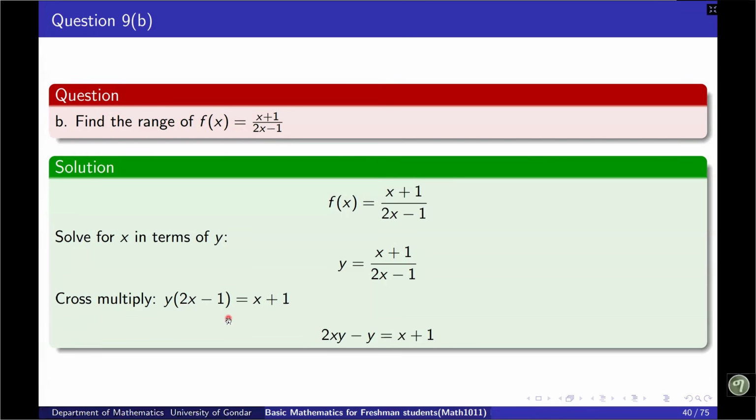We have cross multiplication, that is y times 2x minus 1 is equal to x plus 1. And taking this one to the left side, we have 2xy minus y, distributing, equal to x plus 1.